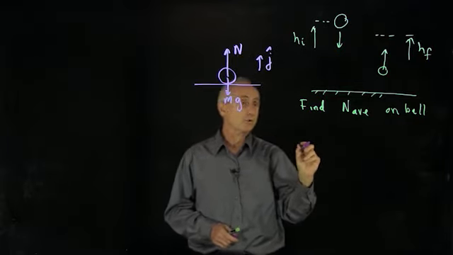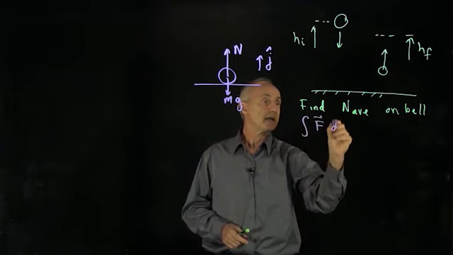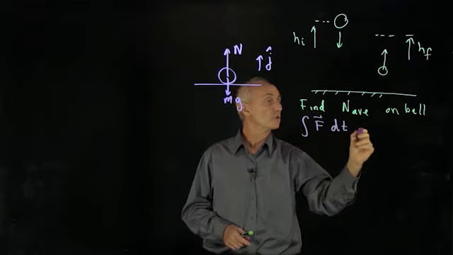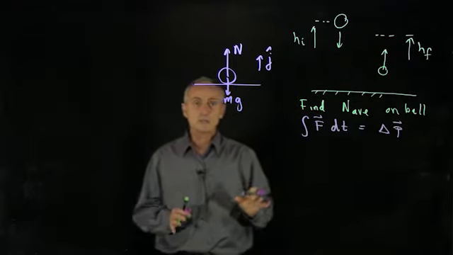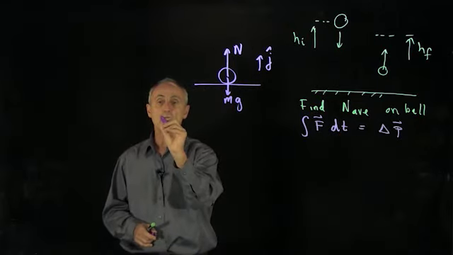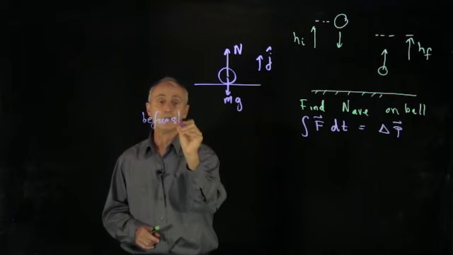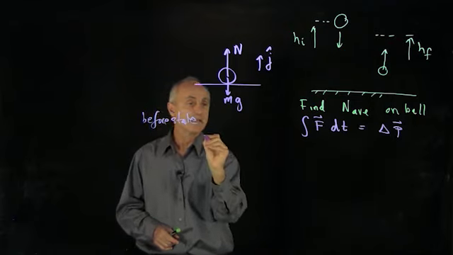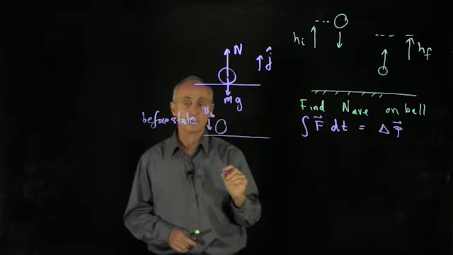And our momentum principle, remember, is impulse, the force integrated over some time during the collision, is equal to the change in momentum. So what we'd like to do is identify the states that are relevant. So we'll have a state before, right before the ball is hitting the ground.